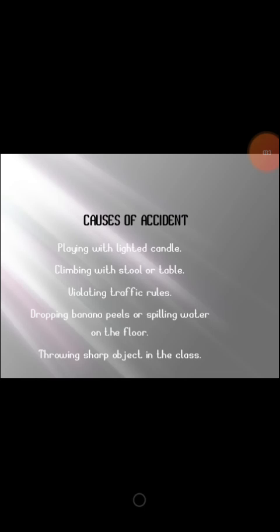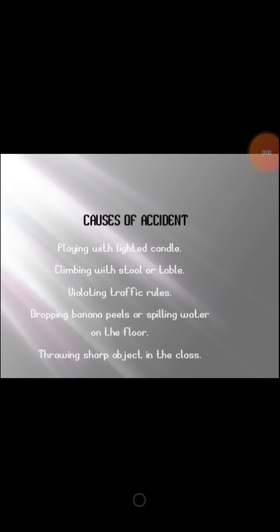When you climb a stool or table, as children, we are expected not to play on a table or stool, because if we fall down, we can break our hand or leg.